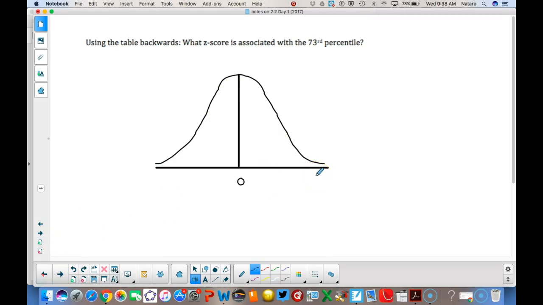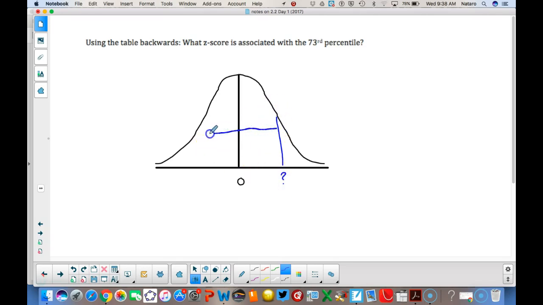Here we're going to use the z-table backwards. So we're going to figure out what z-score is associated with the 73rd percentile. If you remember, the 50th percentile will be the same as the mean. So the 73rd percentile would be above the mean, somewhere in here. And we want to know what is the z-score associated with that.